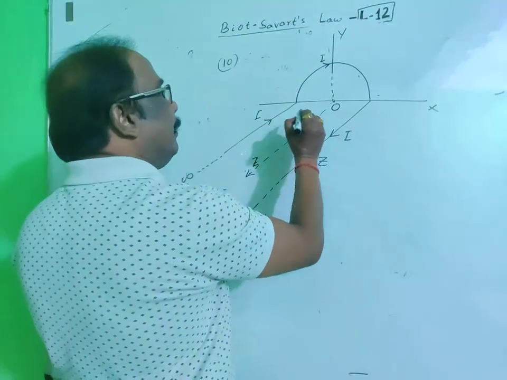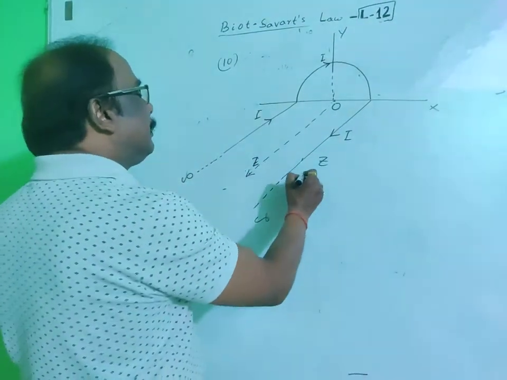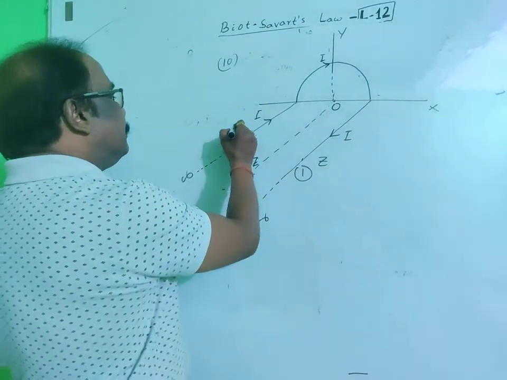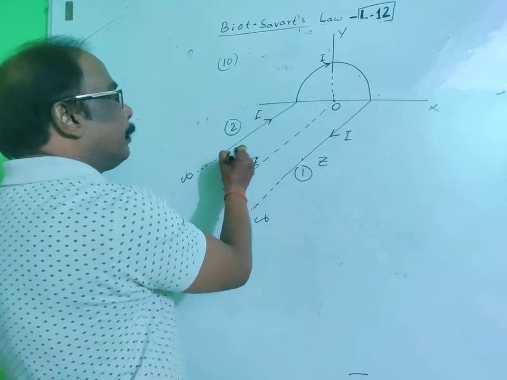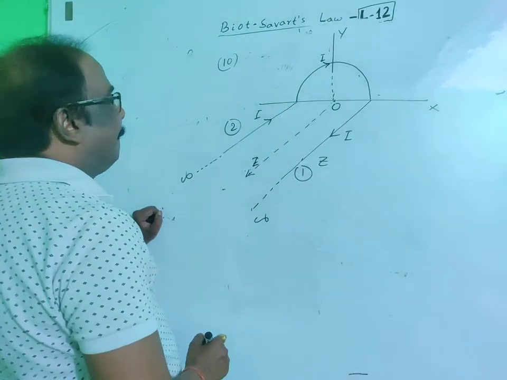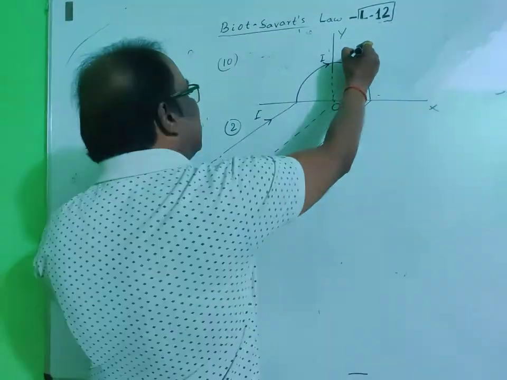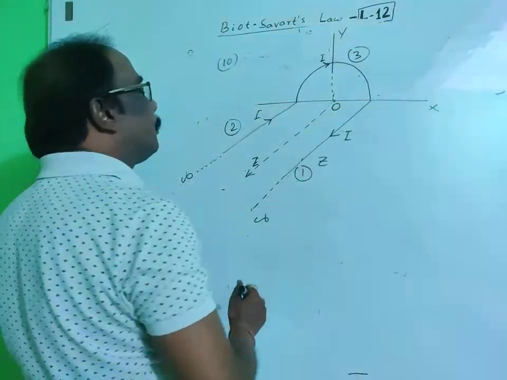Then numbering. Let this be number 1, the straight conductor of infinite length. This is number 2, the straight conductor of infinite length. And this is conductor 3, the semicircular part.